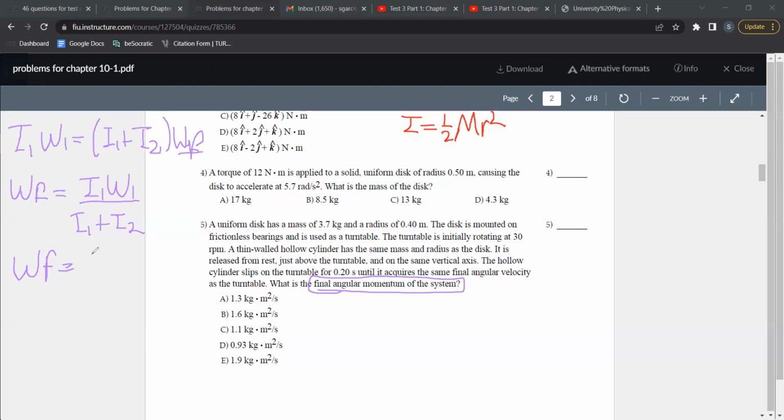So it would be 1/2 of mass 1 r squared times your angular momentum initial, over one half of m1 plus m2.